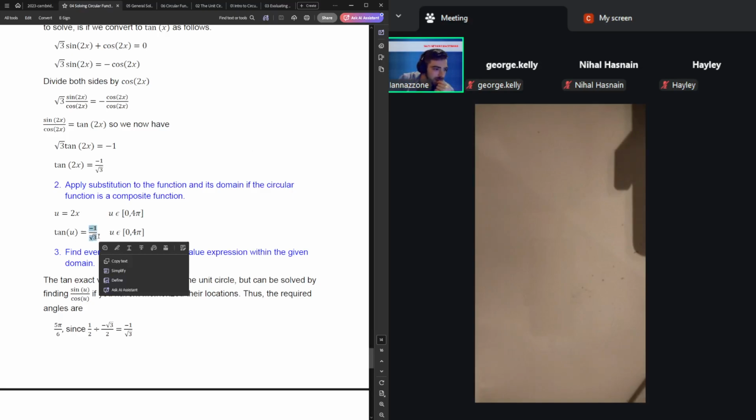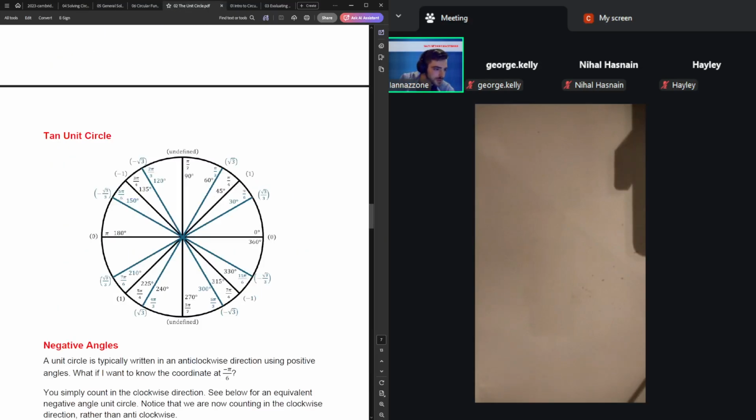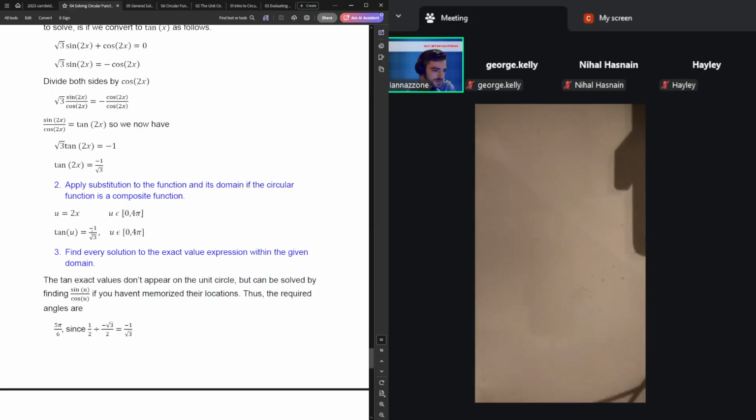If you have tan equals -1 on root 3, you're just looking on your unit circle, where is -1 on root 3? And that's going to be this spot. You'll notice it says -√3 on 3. The difference between the two is whether or not you've rationalized the denominator. This is something you learn back in like year 8, I think, year 9, where they try to get the denominator as a rational number.